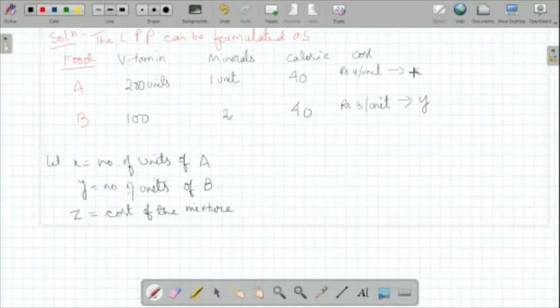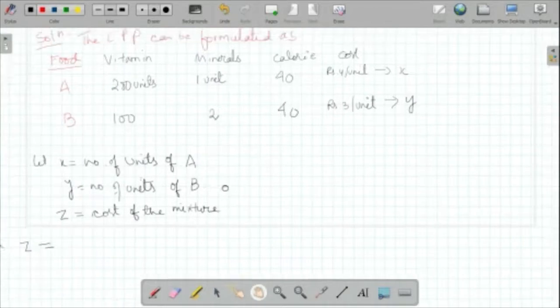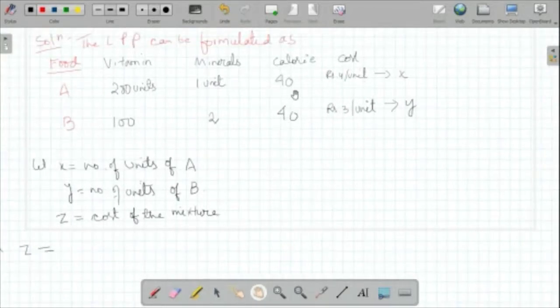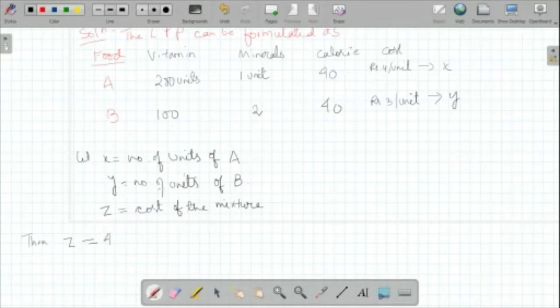So x units of A and y units of B. Now what is z? The cost price per unit is 4 rupees for A, so x units cost 4x, plus B costs 3 rupees per unit, so y units cost 3y.